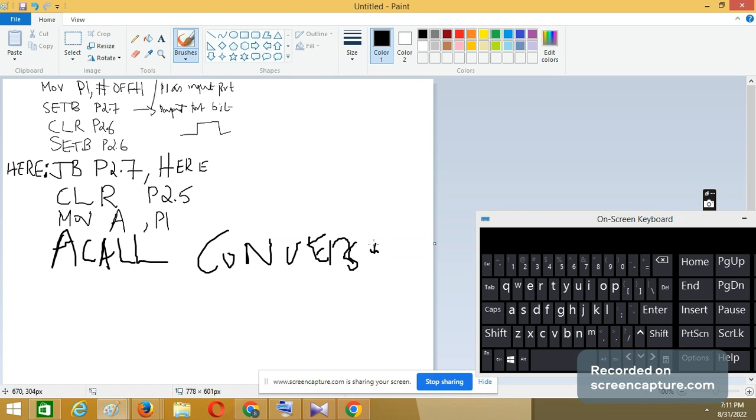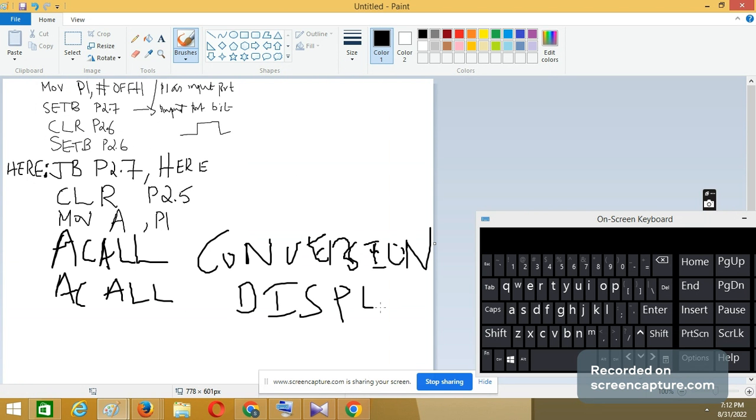After conversion, the value FF has to be put to some display like an LCD display. So for that I will call a subroutine called display, to display whatever value is received. After display, that means one data is completely read. You have to be ready for the next reading.